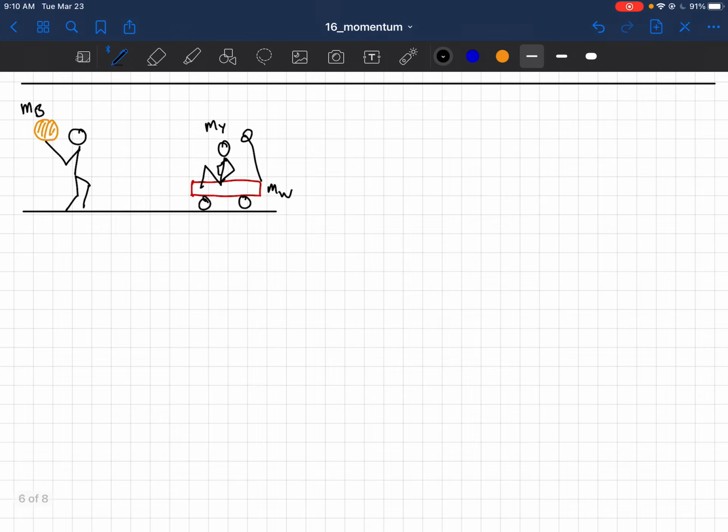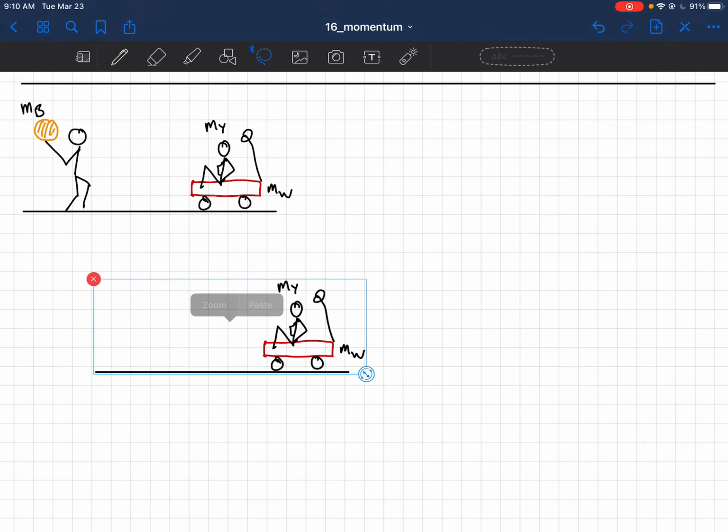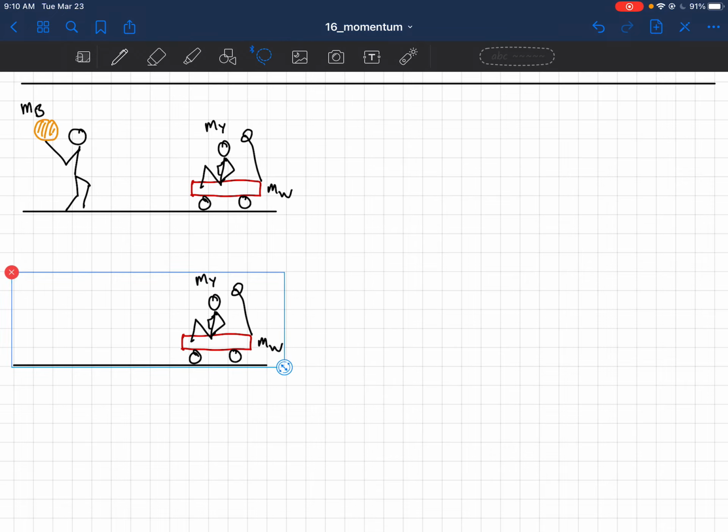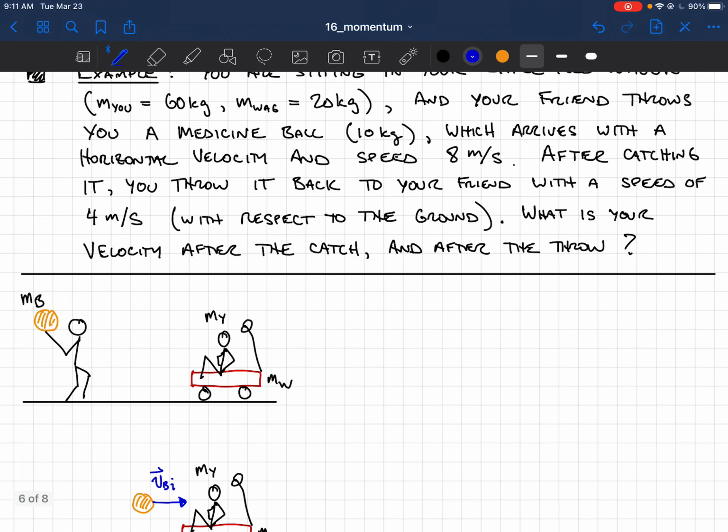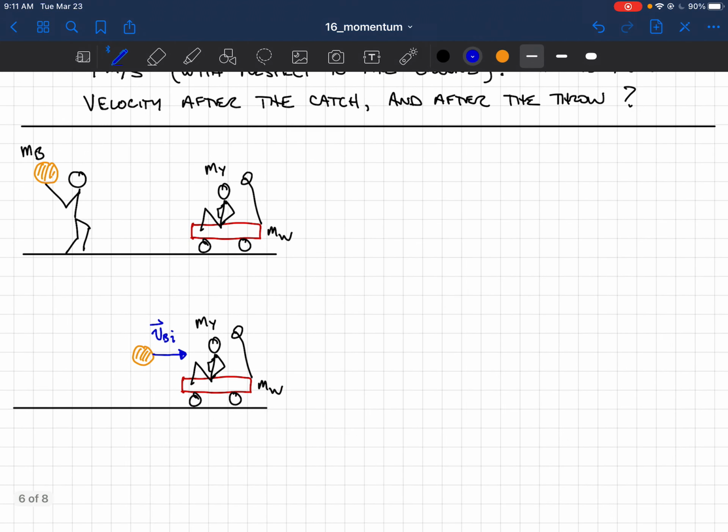So over time, I guess I'll try and copy this. So here you are, and initially we have the ball coming in, and we're told that it has an initial velocity of, what were we told? 8 meters per second.